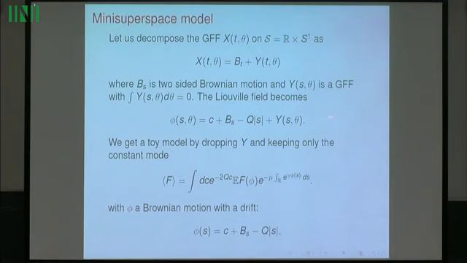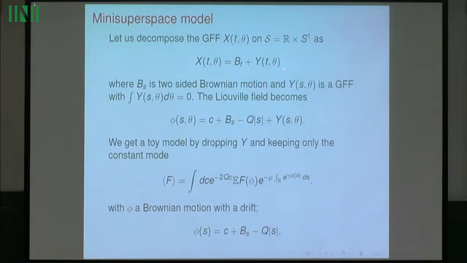It's the following. Remember, everything was given in terms of Gaussian free field on the cylinder, which was normalized so that its integral at time 0 around the cylinder is 0.